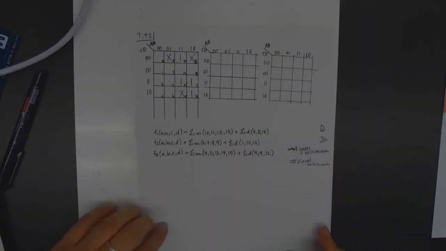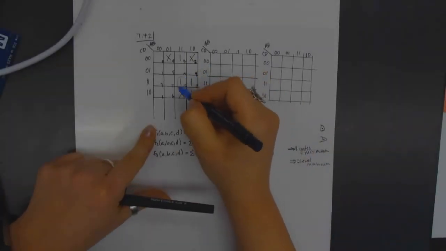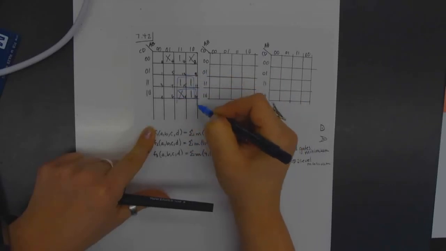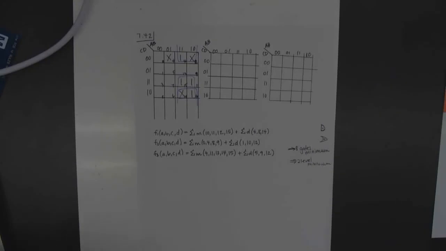Cool. Alright, so then we've just got circling again, right? So we've got these guys and these guys, I believe. That's it. You don't circle the don't cares, right? Yep, we don't care. If it helps us, great. If it doesn't, then yeah.